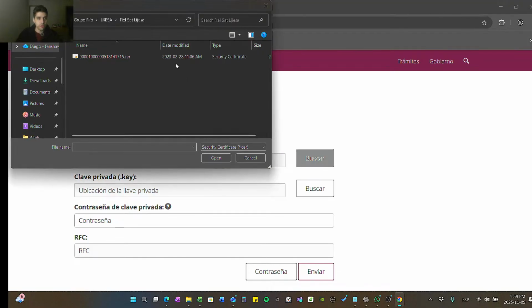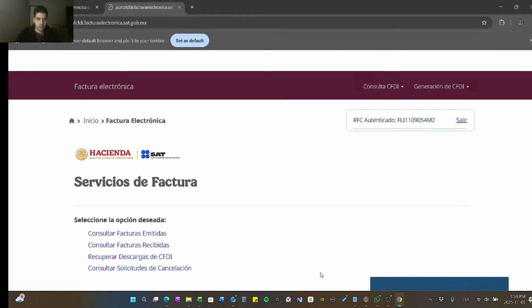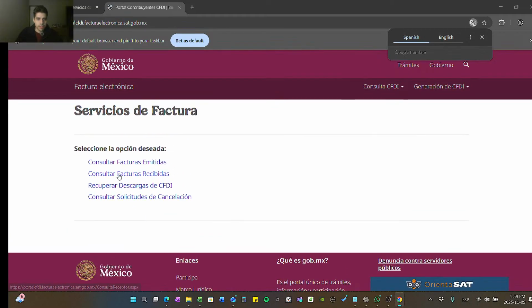I need to access the keys, and then since all these invoices represent purchases for my client, I need to go to received invoices instead of issued invoices.